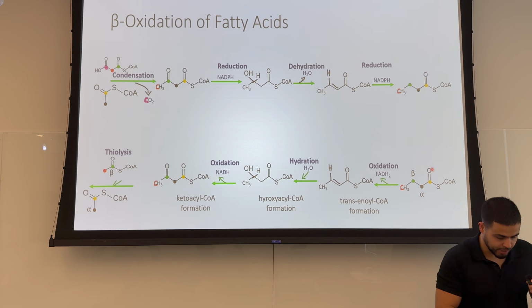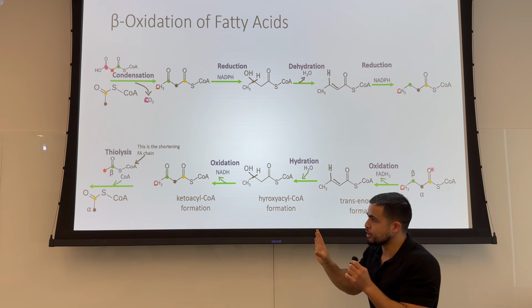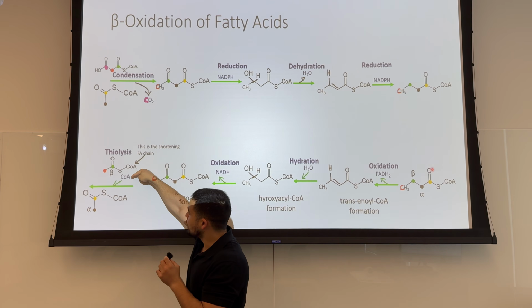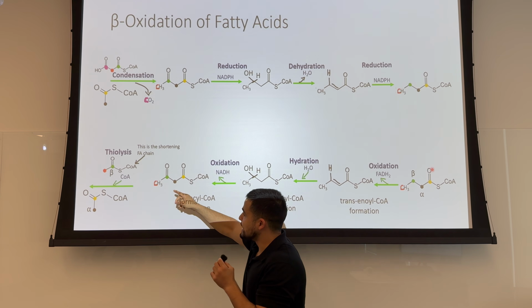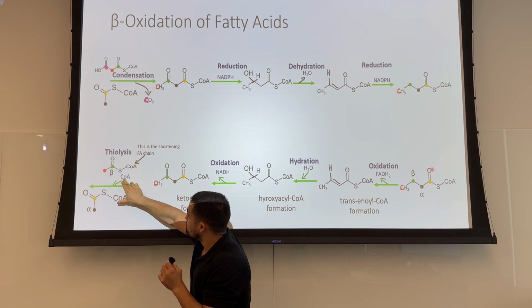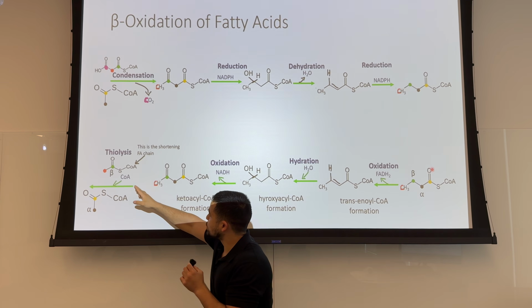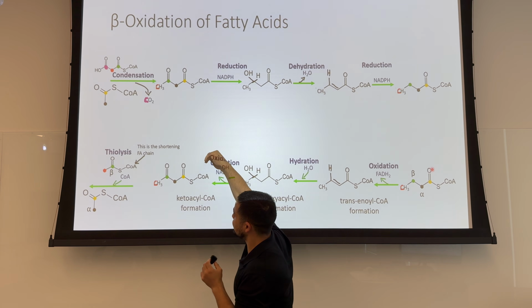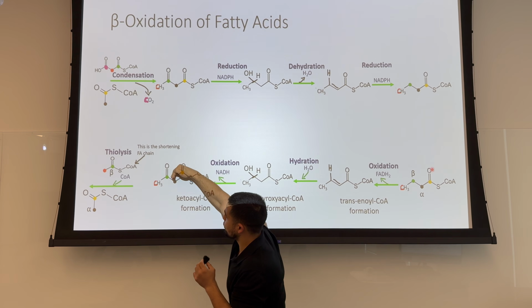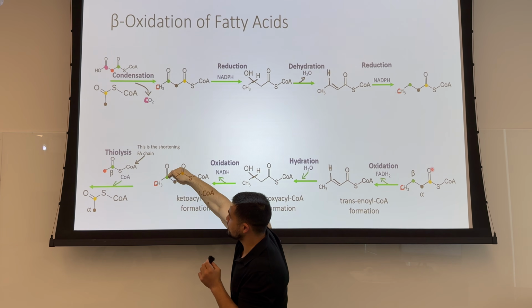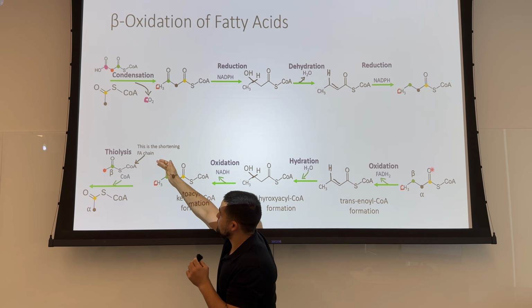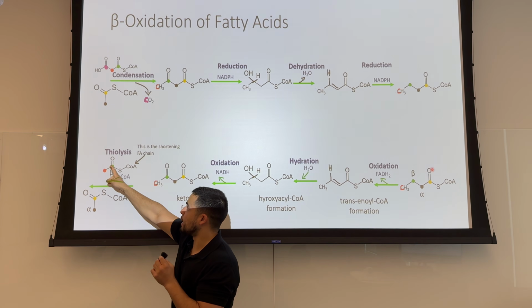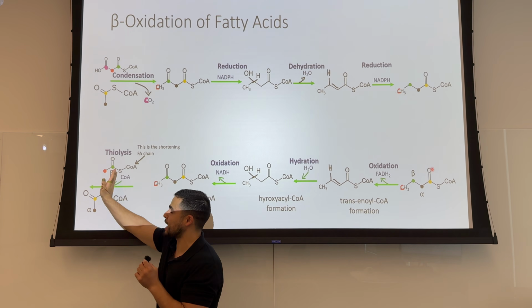So you can see right here, and I really want to clarify this, in this process you're adding coenzyme A. You can see that this coenzyme A is now part of this shortening fatty acid chain. It was added right here where you broke the bond between the alpha and the beta carbons. So now this coenzyme A will be attached to the beta carbon and what's after it.